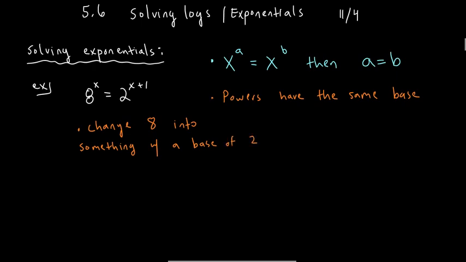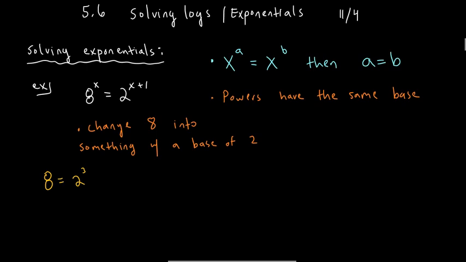And so this is almost kind of similar to when you're simplifying radicals and stuff like that. So I can basically take this and say, well, hey, 8 is actually equal to 2 to the third power. Do we know that? 2 times 2 is 4, times 2 is 8.